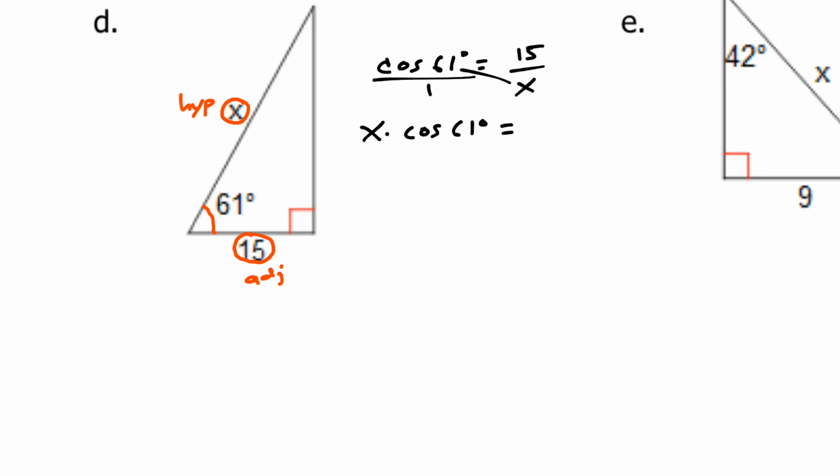That's going to equal my other cross product, which is 1 times 15, or just 15. To finish solving for x on this one, I need to get the x all by itself. Well, because I have this multiplication right here, I'm going to divide both sides by the cosine of 61 degrees.